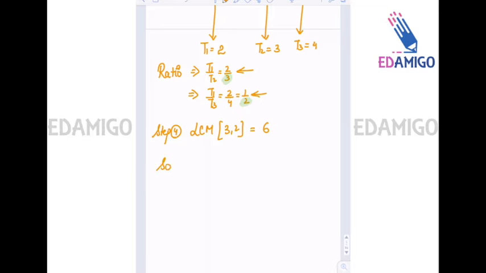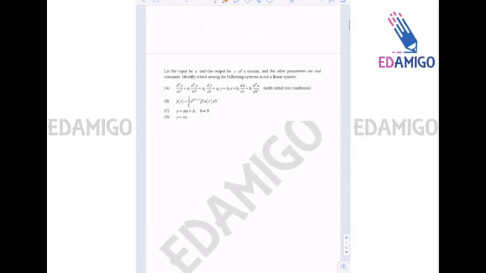So x is equal to 6, and time period T0 will be x into T1, that is 12. So 12 is the answer to the question, and I have explained how to solve such questions in a very thorough manner.